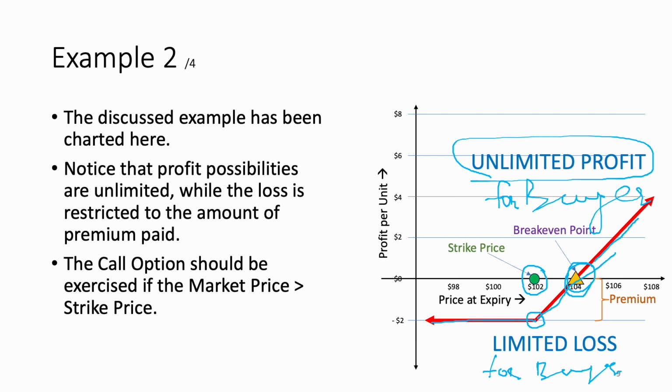The opposite holds true for the seller. For the seller, it is unlimited loss and limited profit. So, the buyer will always exercise the call option when the market price is greater than the strike price.